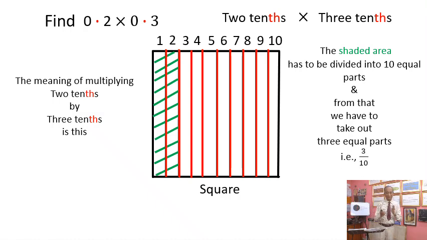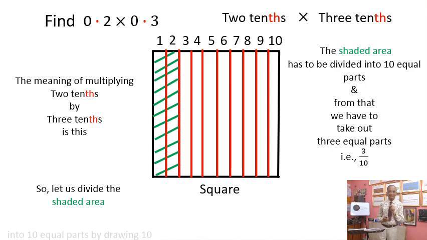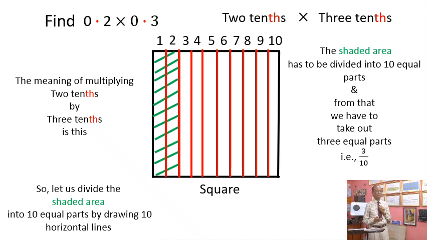So, what shall we do, friends? We have to divide this shaded area, which is shown in green color, into 10 equal parts. How shall we draw it in 10 equal parts? By drawing some horizontal lines at equal distances. So, concentrate on the figure. 1, 2, 3.